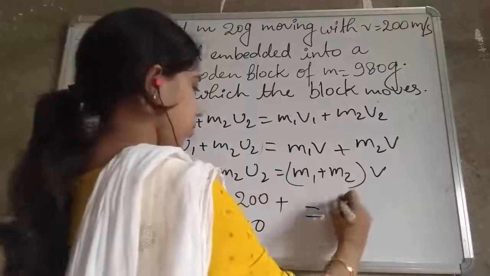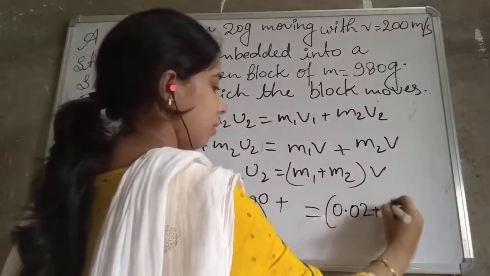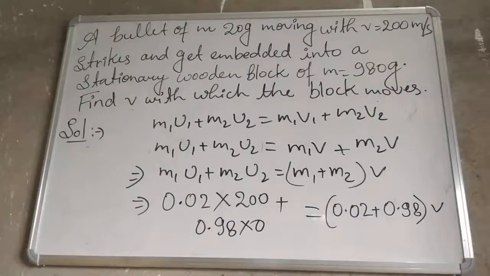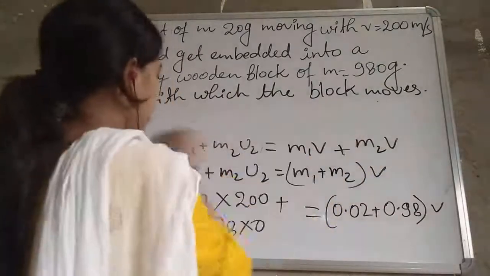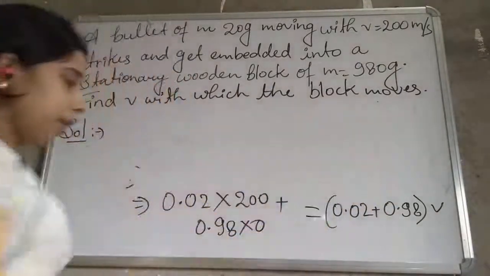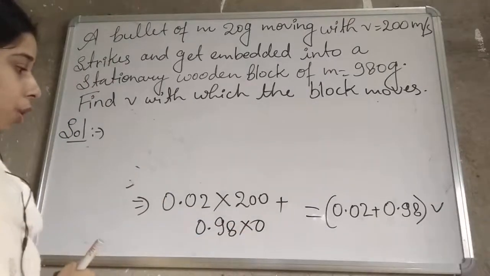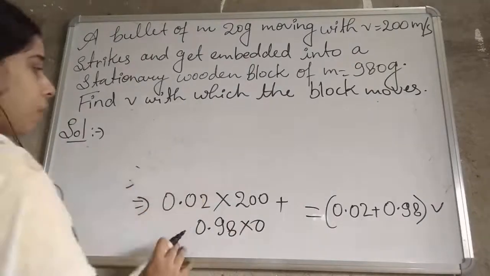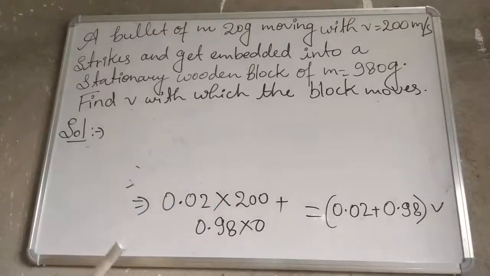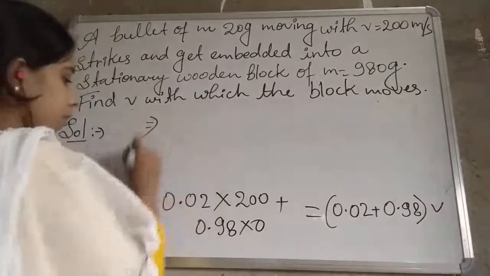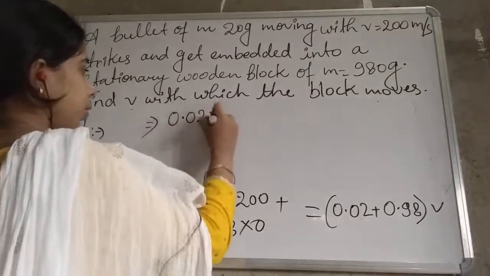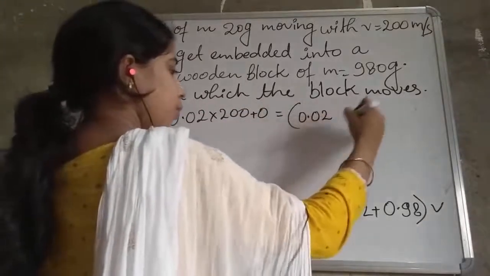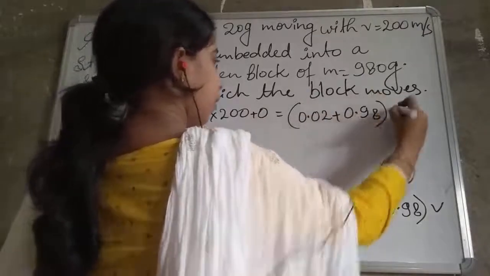On the right, m1 plus m2, so (0.02 plus 0.98) V. So now it will be 0.02 into 200 plus 0, equal to (0.02 plus 0.98) V.